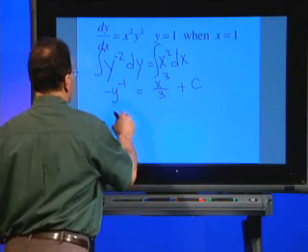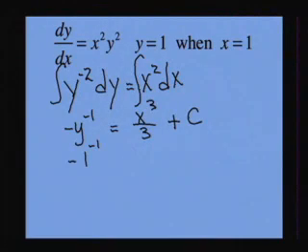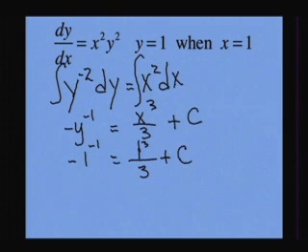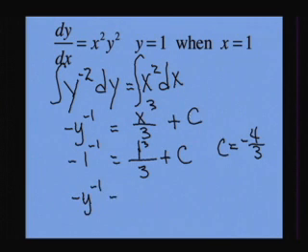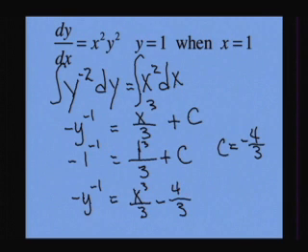So we plug in negative 1 to the negative 1 equals 1 cubed over 3 plus c. And that will give us an answer for c of negative 4/3. So we can plug that back in, and what we now have is negative y to the negative 1 is equal to x cubed over 3 minus 4/3.